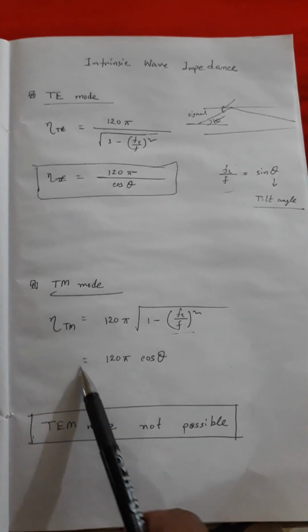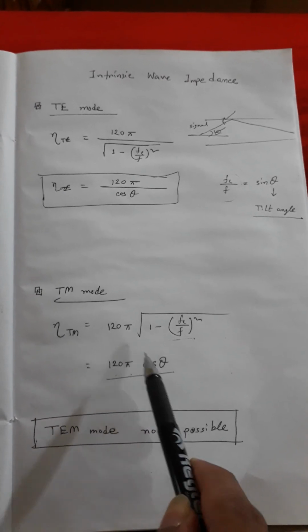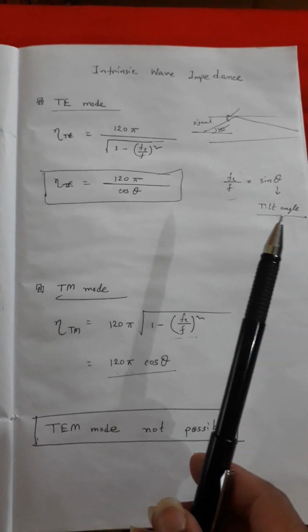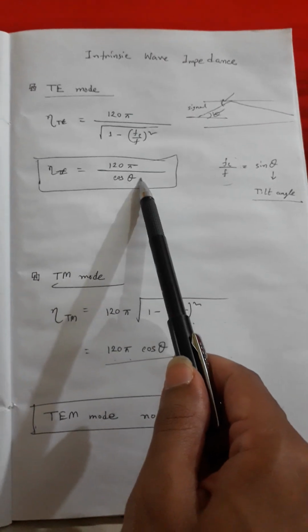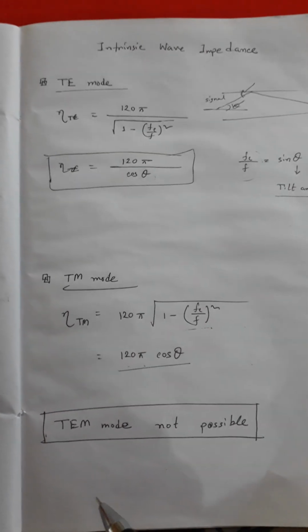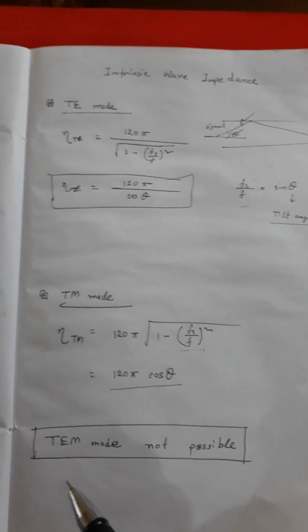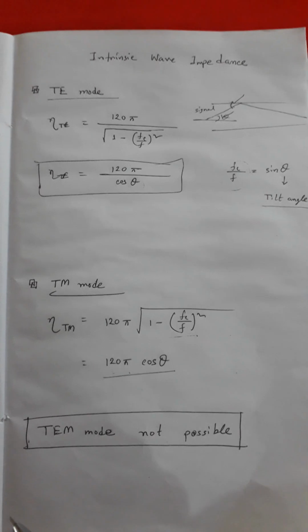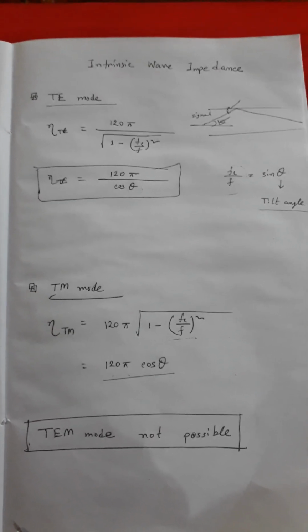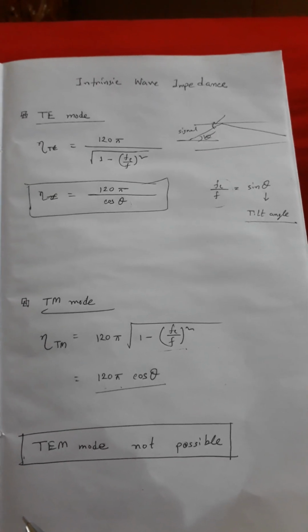So eta TM is equal to 120 pi into cos theta. The basic difference is that cos theta is in the denominator here, and here it is multiplied. And the TEM mode is not possible, as we learned before that TEM mode is not applicable for the rectangular waveguide, so intrinsic wave impedance will not be appropriate for the TEM mode.